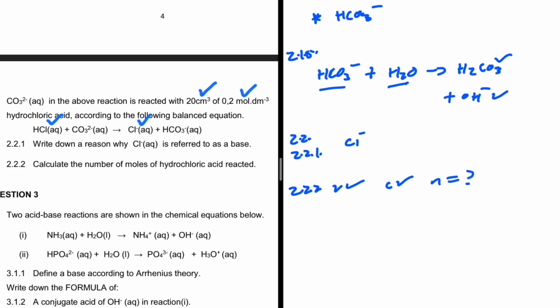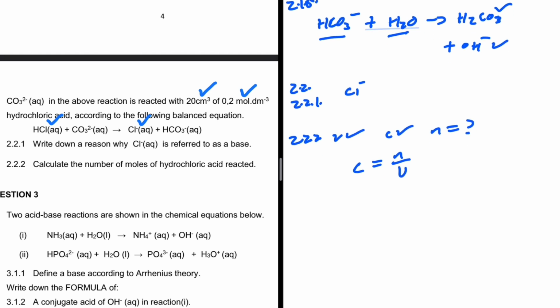We are really sticking to the basics here. Concentration is equal to the number of moles divided by the volume. So what is the concentration? 0.2. And then the number of moles is what we are interested in. And then the volume is 20 centimeter cube. We can just multiply it by 10 to the minus 3 and we have converted it to decimeter cube.